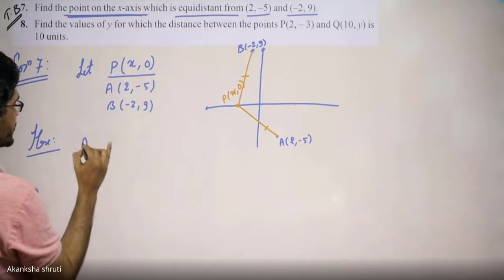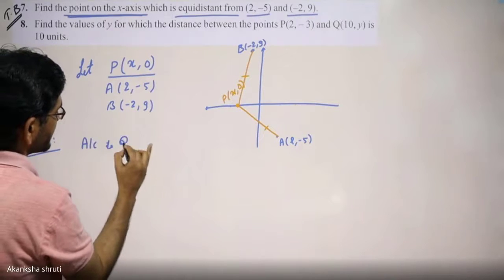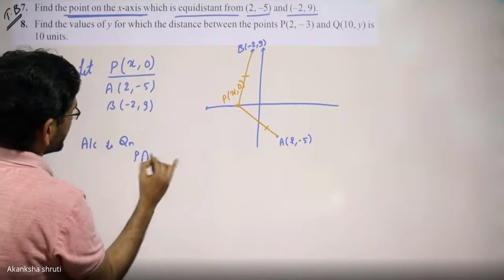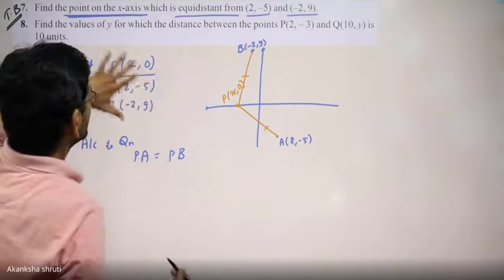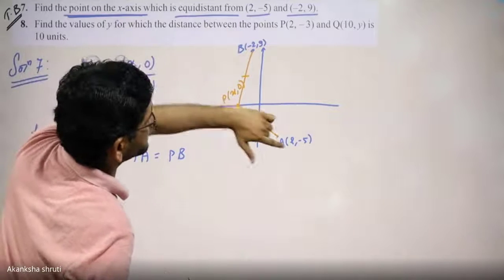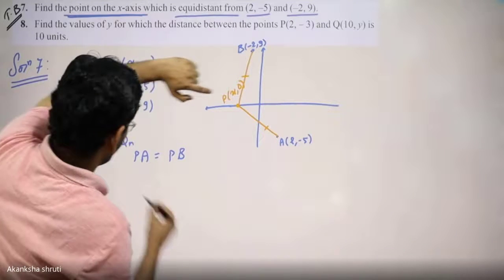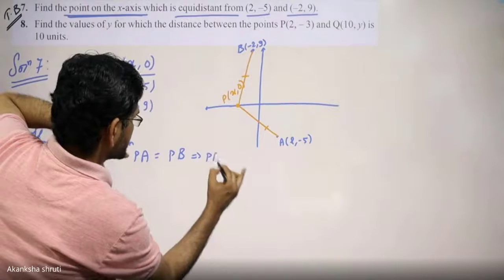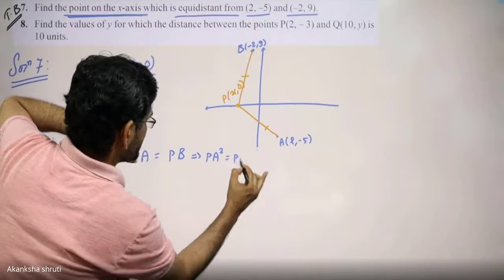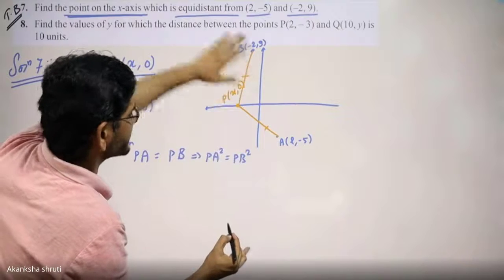Then according to the question, we have PA equals PB. Now, just observe this rough diagram and write it. PA squared is equal to PB squared on squaring. We square to avoid writing the square root.